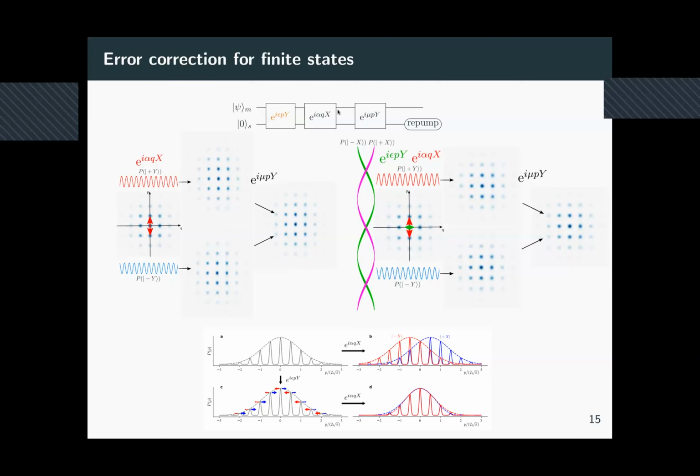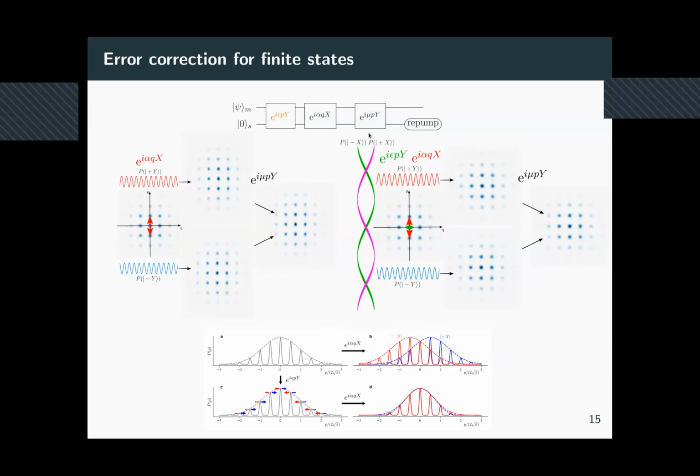So that when you apply the second spin-dependent displacement, shown in red here, you will actually displace these states back towards the center. That was our way of thinking about it, and that's also plotted here. If you don't do this first spin-dependent displacement in orange, then you get the first two plots here.